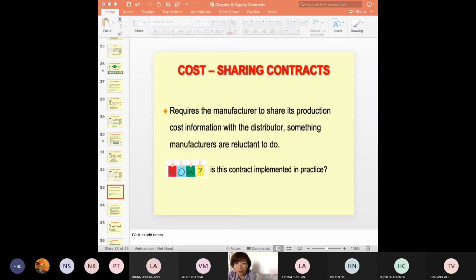Are you here? Hân, my question is how we can implement that contract in practice.